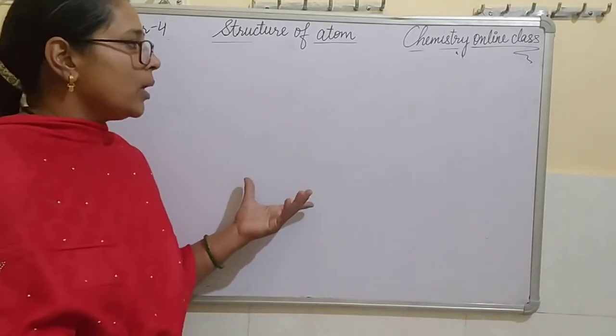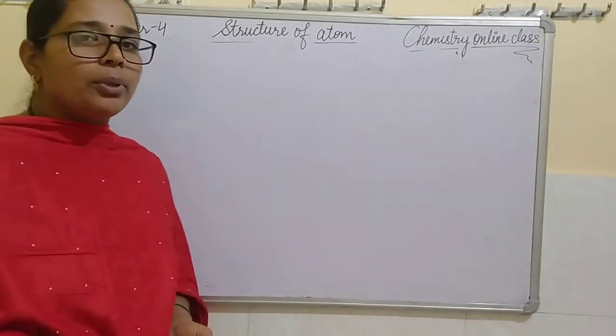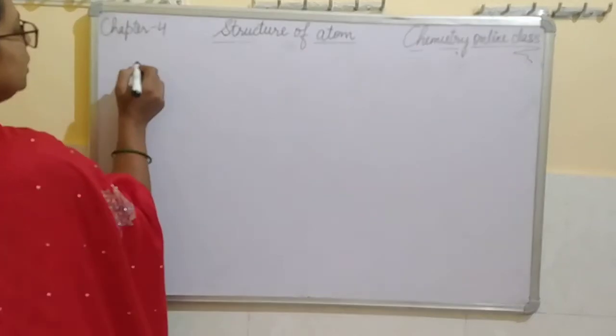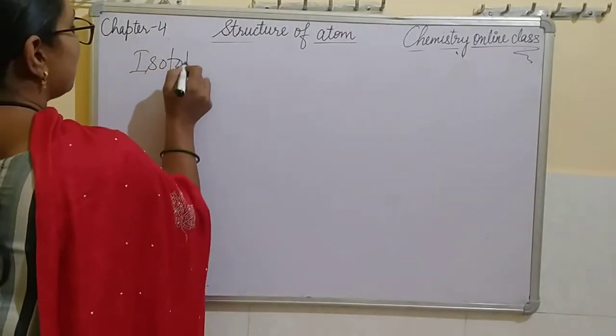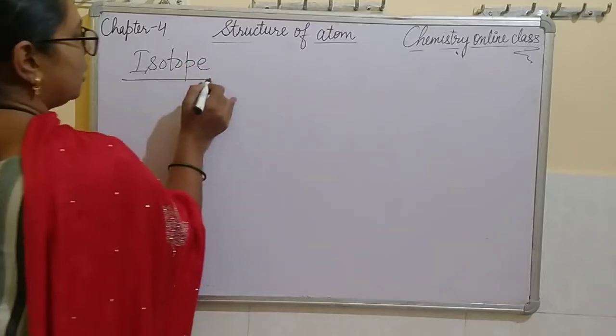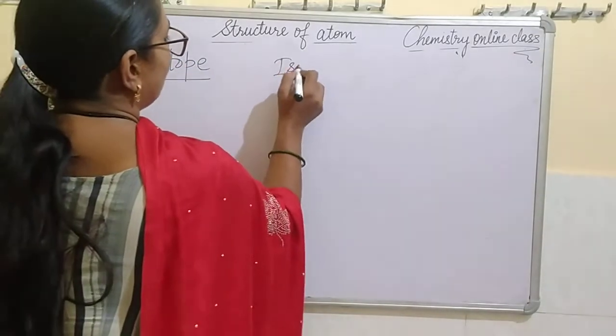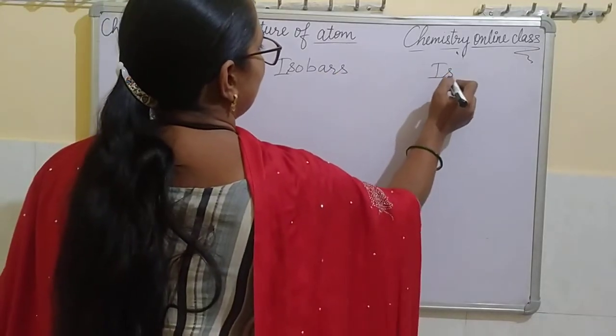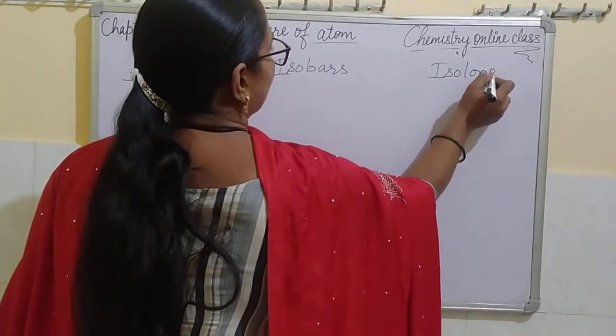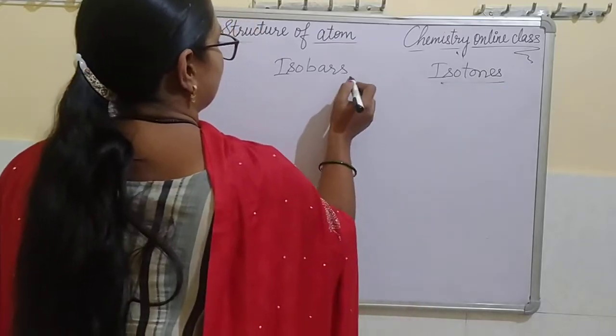So now we will discuss the next topic of the atom, and these topics are very important. I'll discuss them in a comparative way, that is isotopes, isobars and isotones. What are these?